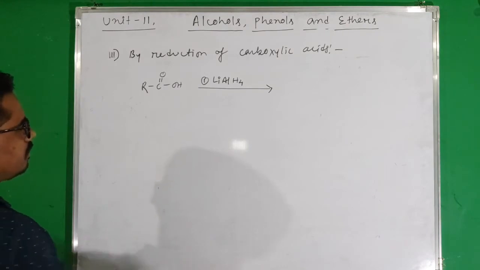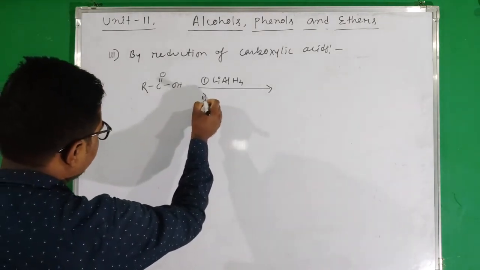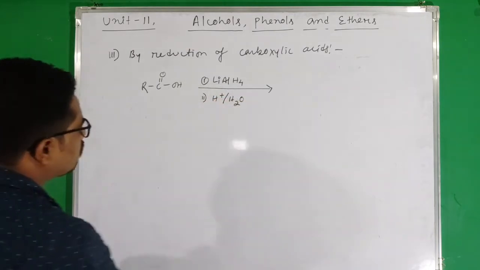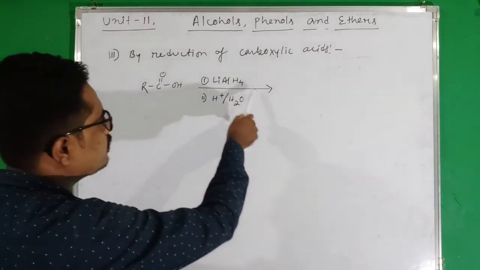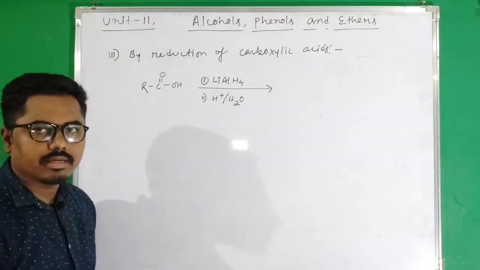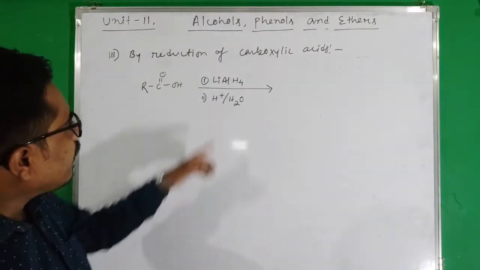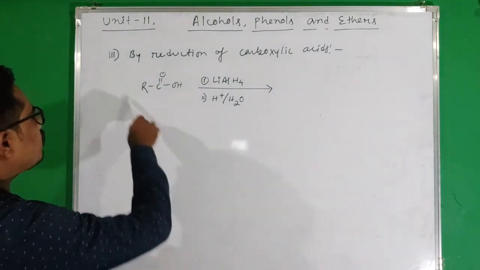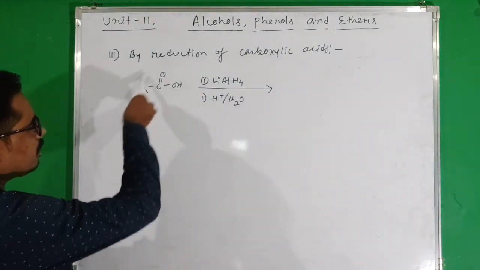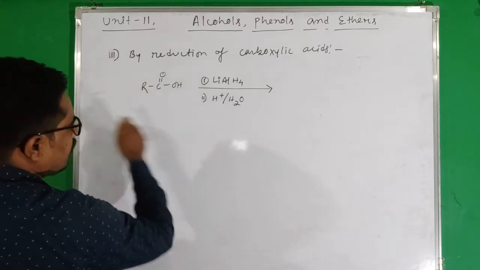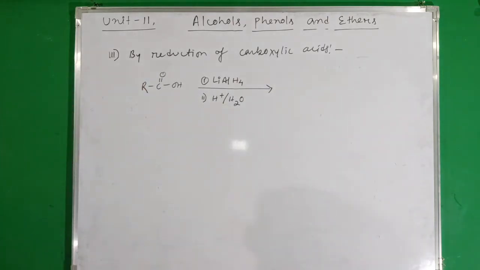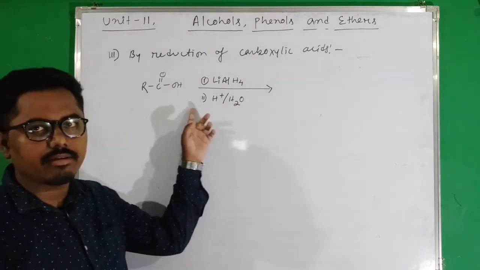In the second step we have to hydrolyze the product formed, because in lithium aluminium hydride metals are present and active metal lithium is present, therefore salt will form, and we have to hydrolyze this salt. Hence in the second step we have to use acid catalyzed water, that means acid hydrolysis.